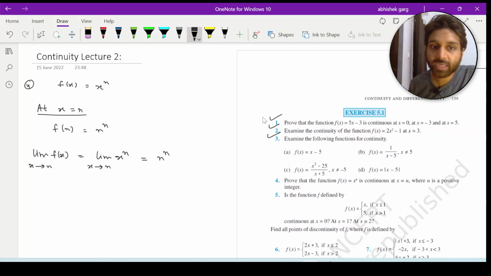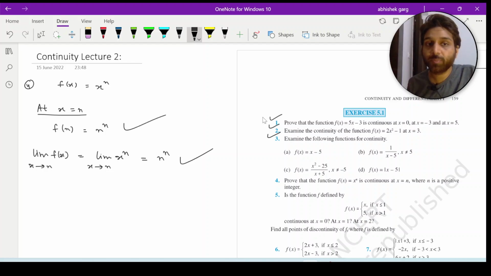So what do we get? We'll get n to the power n. Whenever we substitute this value of x in this function, this is called calculation of limit by substitution. As long as our function remains defined, we are allowed to do substitution of the value. So as you can see here, at x equal to n, the value of the function and the limit of the function are both equal to n to the power n.